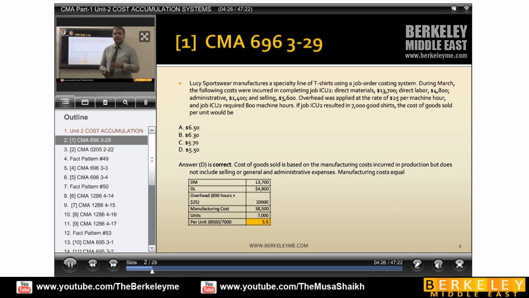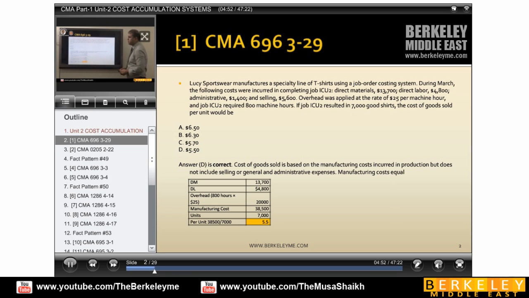So he can ask a lot of questions with the same information. He can ask to calculate total cost. What I have to do is take this manufacturing cost, then add administrative, add selling. Then it will become total cost. If he says calculate total cost per unit, then I have to divide by the units, and it will give another per unit cost.